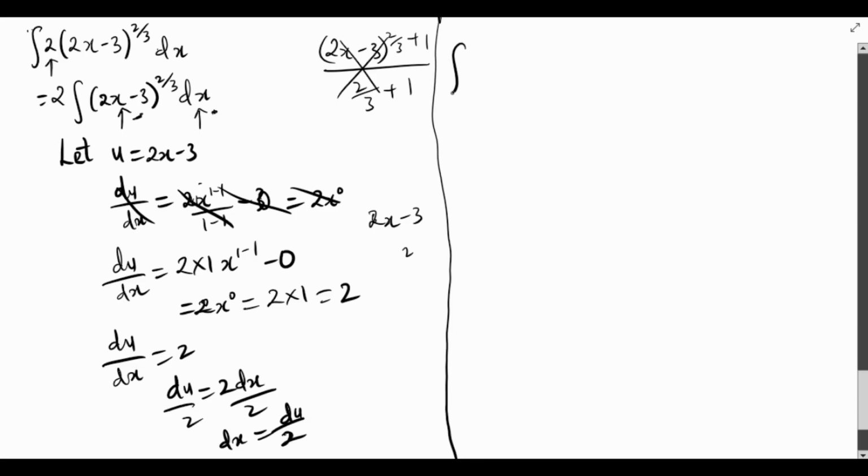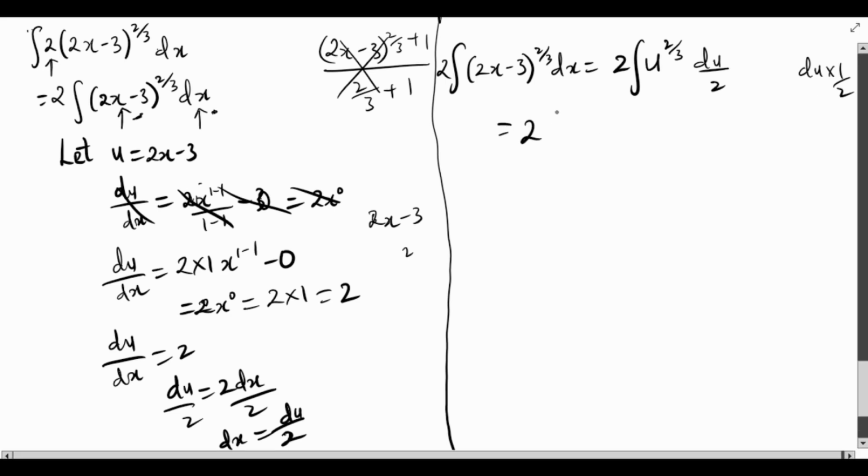And so if we come back to our question, which was 2 multiplying (2x minus 3) to the power of 2 over 3 dx, it is now 2 multiplying u, remember, because 2x minus 3 is now u, but we still have our power 2 over 3. dx is now du over 2, du times 1 over 2.